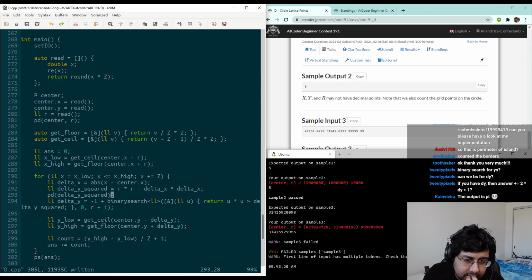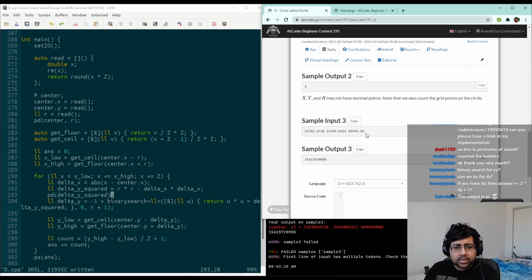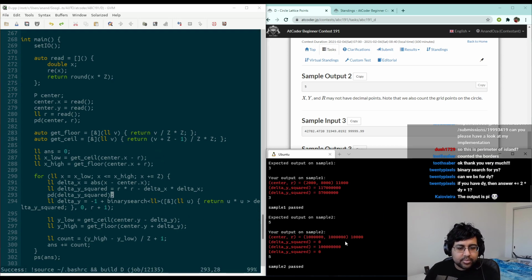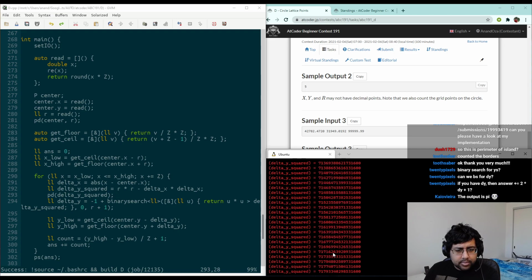Oh, that's pretty cool. Yeah, the output is pretty close to pi. Oh, I guess that makes sense, right? Since it's finding the area of this giant circle. At first I was like, whoa, how did they do that? But okay, so that's not helpful.